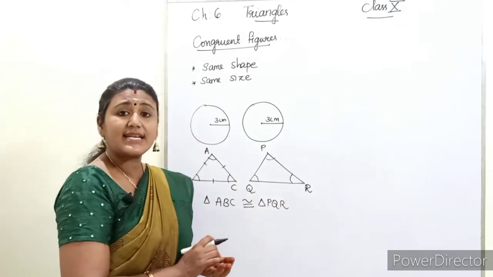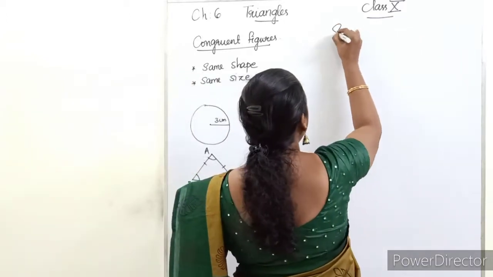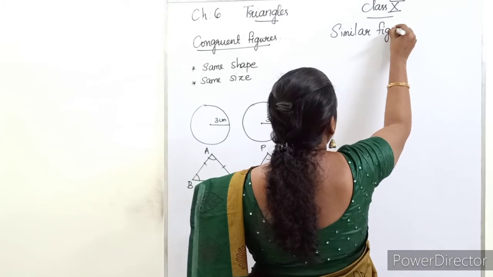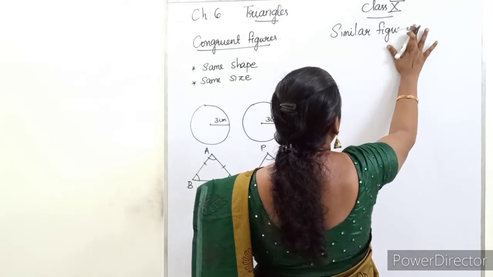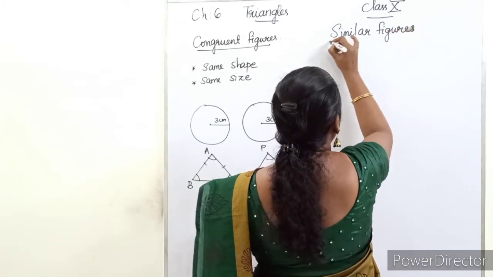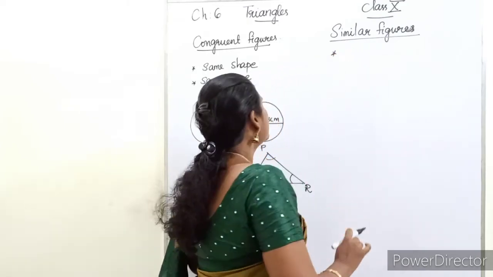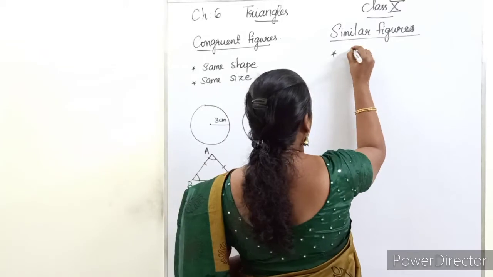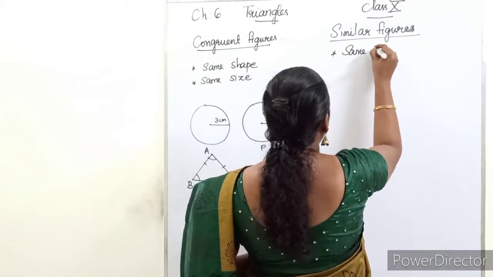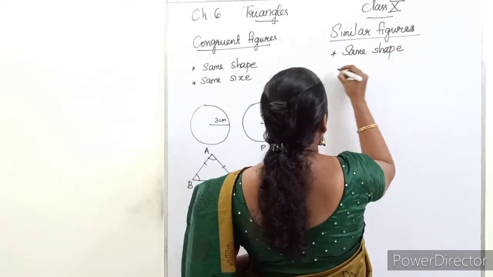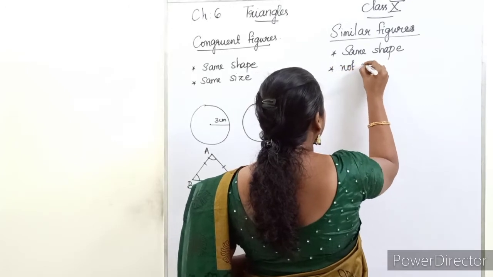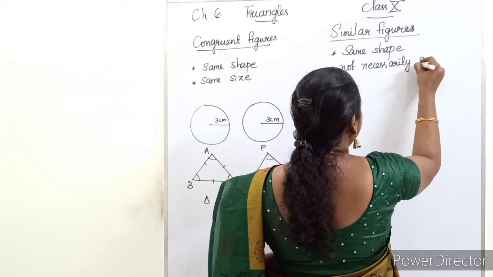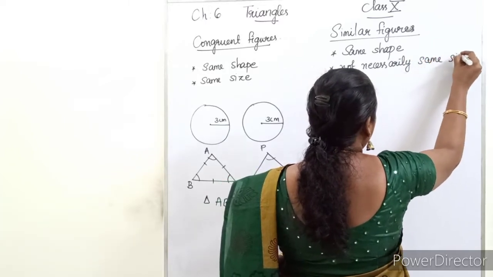Now we will see what is similarity or similar figures. Two figures having same shape, so shapes should be same but not necessarily same size.